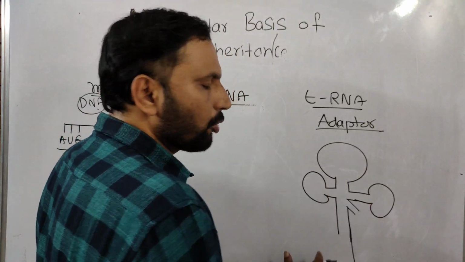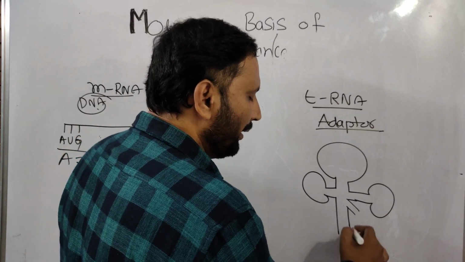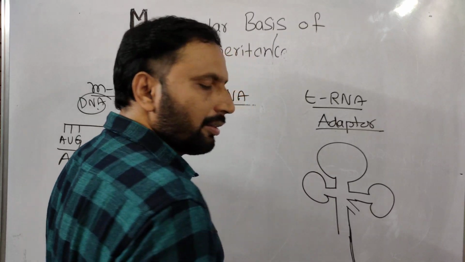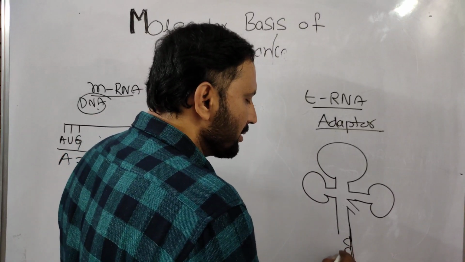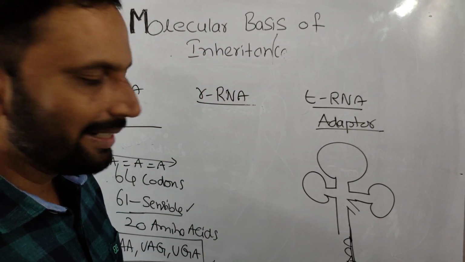Especially when you observe this clover leaf model, one tail portion is present. That tail ends with a 3' CCA end. That end is called the cytosine adenine end.